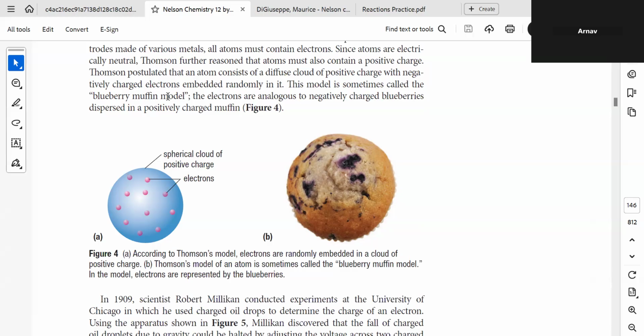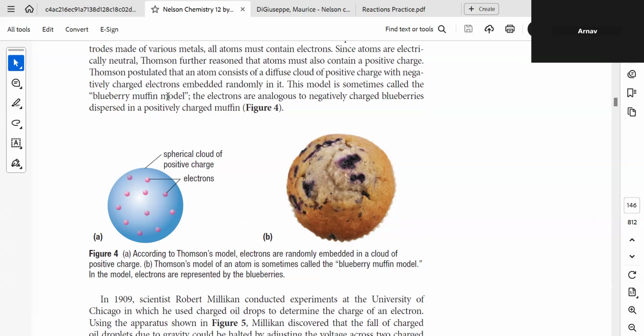Now, Thomson proved that there were negative particles present in the atom. We know that an element is neutral. So if an element is neutral, that means there are positively charged particles present.